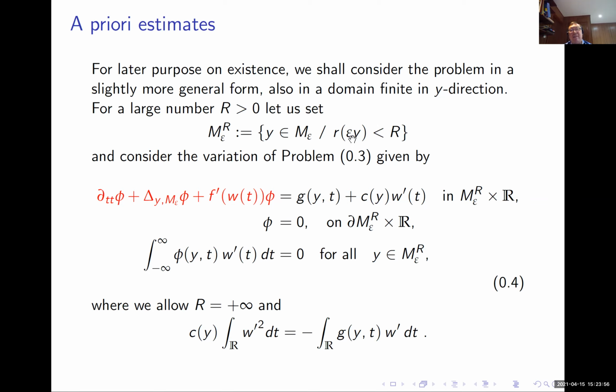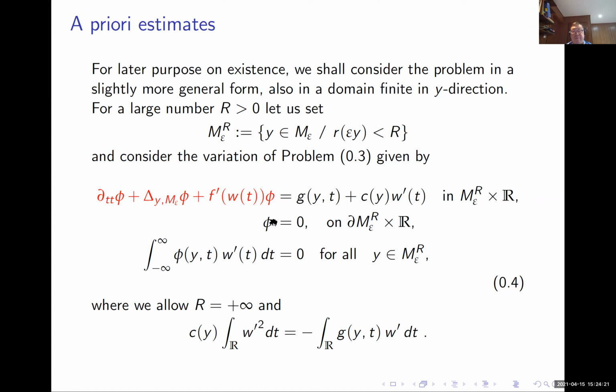So we have some kind of compactness. So we take a big ball, and then we look at a variation of the problem, with a Dirichlet condition on the boundary of the surface. And we want to get the upper estimate for this problem.